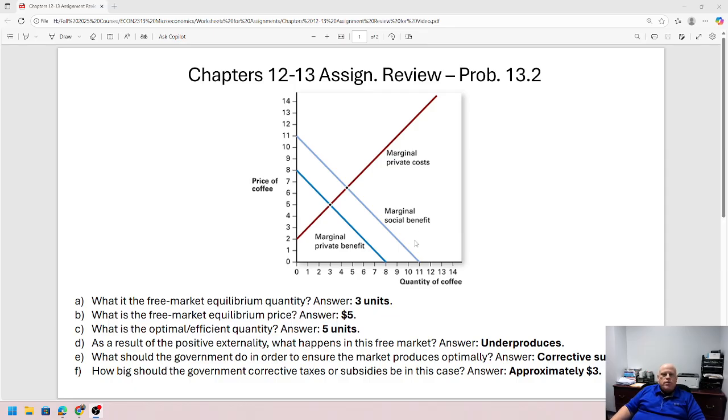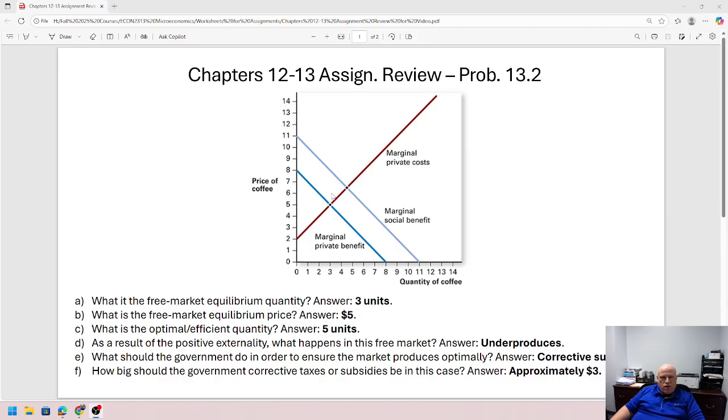All we would have to do here is look at the difference between the socially optimal price and the private price. It's basically the distance between your marginal private benefit curve and the marginal social benefit curve.